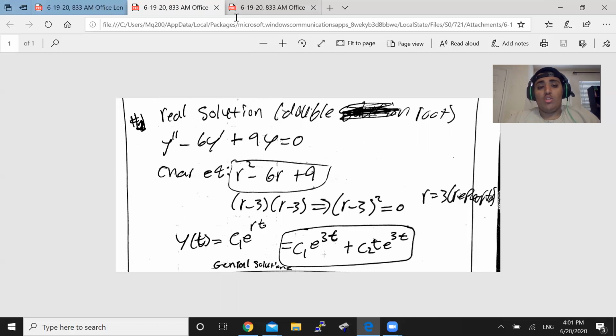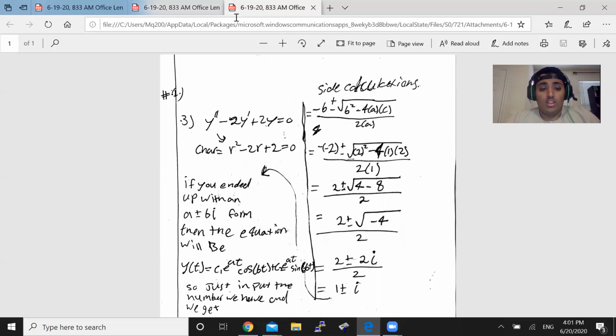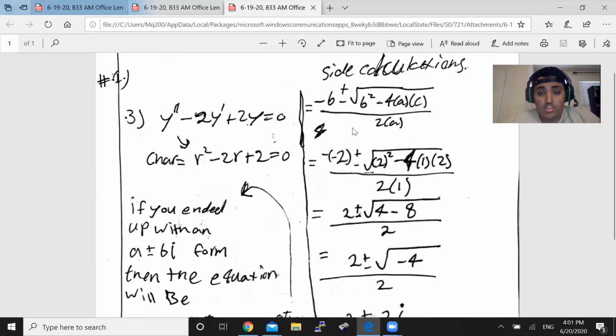Now we're going to get to more complicated things, like complex roots. See, this is an equation, y double prime minus 2y prime plus 2y equals 0. This one is a little harder because we can't factor it, so when I bring in the characteristic equation, we have to use the quadratic formula.